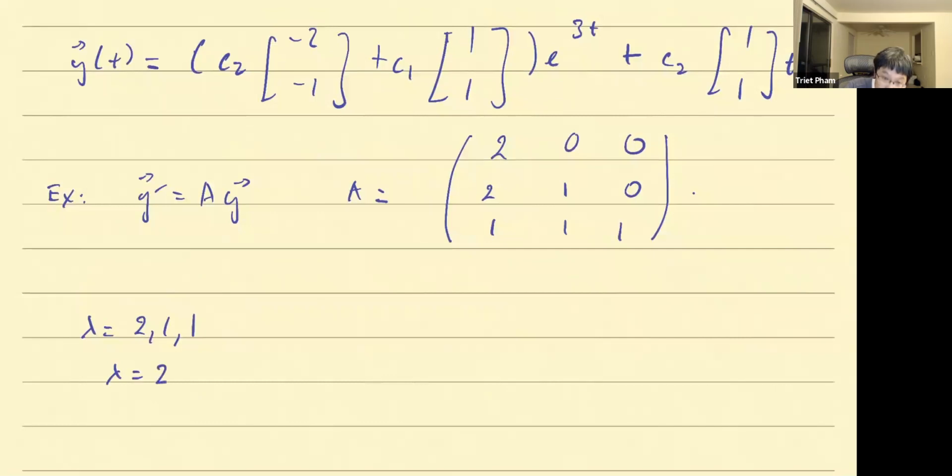When lambda equals 2, I look at (0, 0, 0; 2, 1 minus 2, 0; 1, 1, 1 minus 2).